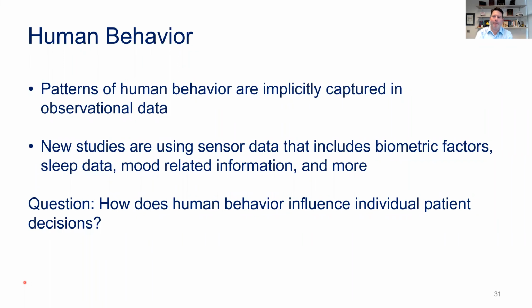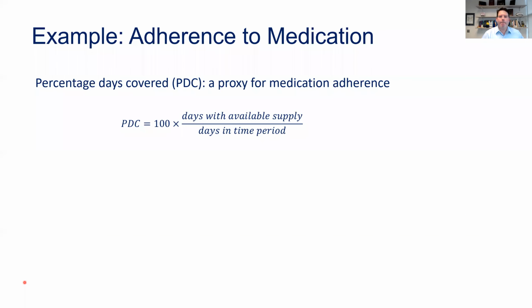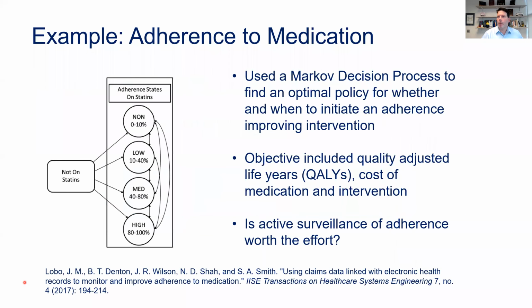So human behavior, I think of this as a big new frontier for our field, or maybe not new, because many people have been working on it, but it's still at a very nascent stage. So thinking about IEOR models and how we can integrate human behavior into them to have something more realistic that reflects how people are actually making decisions, I think is a very exciting topic area. And so I was going to talk about an example around medication adherence.